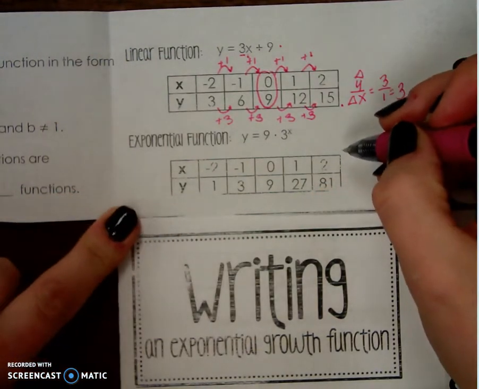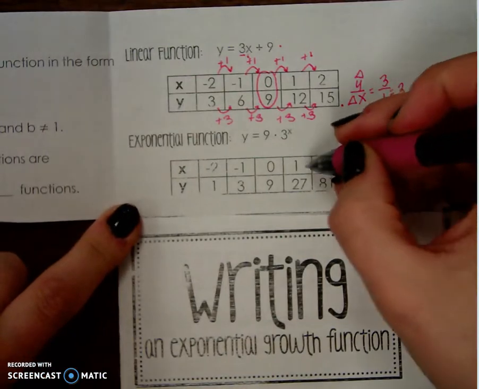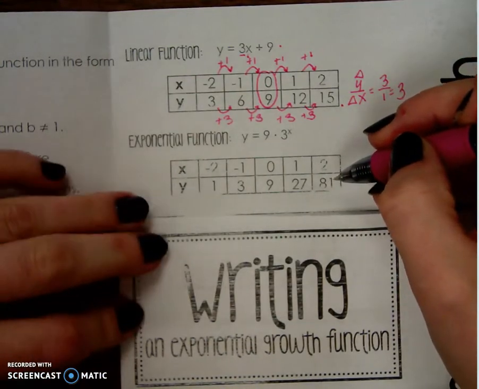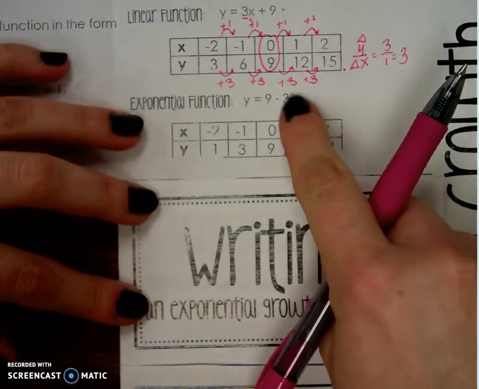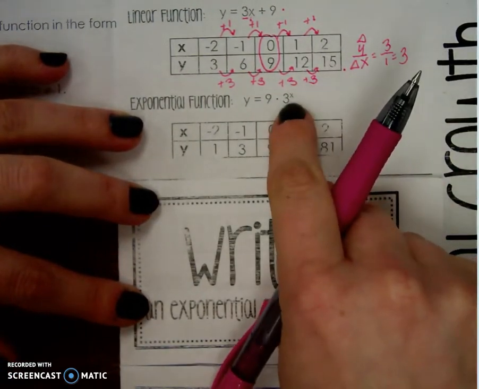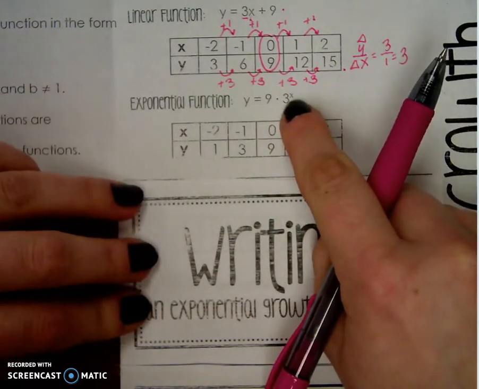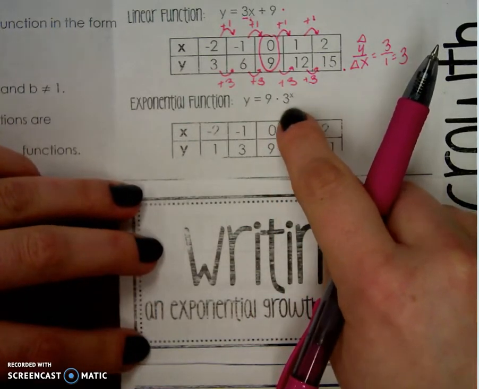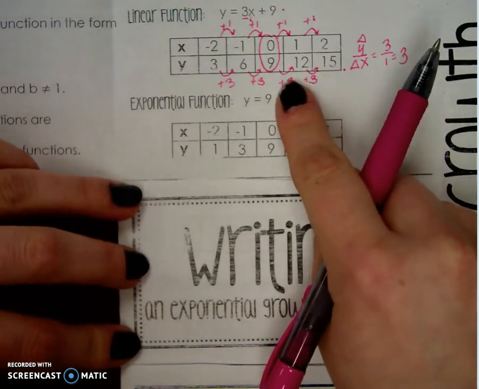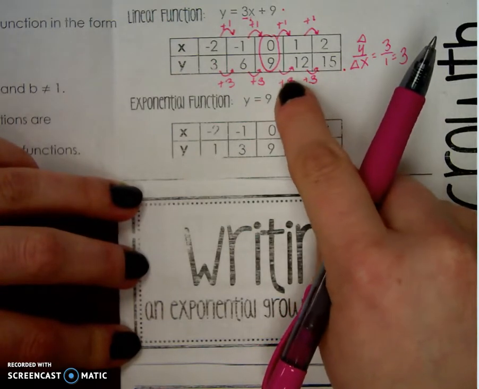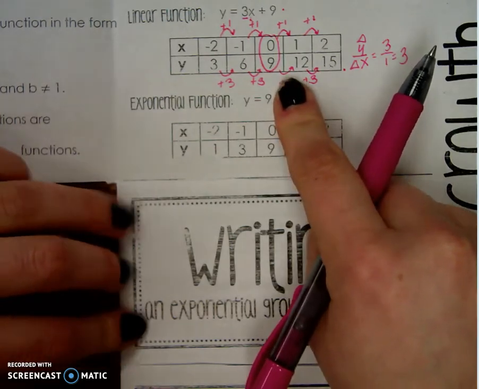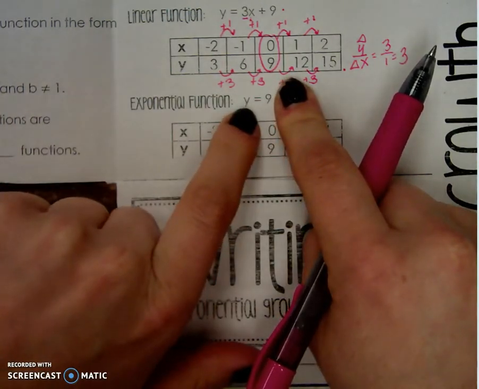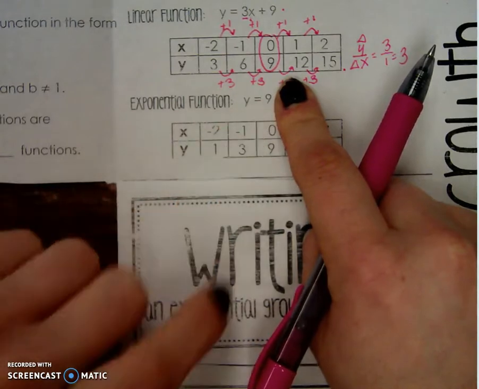Now let's look at it in contrast to the exponential function. Okay? When x is 0, here's our exponent, x now, 3 to the 0 power is 1. So when we cover up our base with the exponent of x, we again have what y is equal to, or our y-intercept.